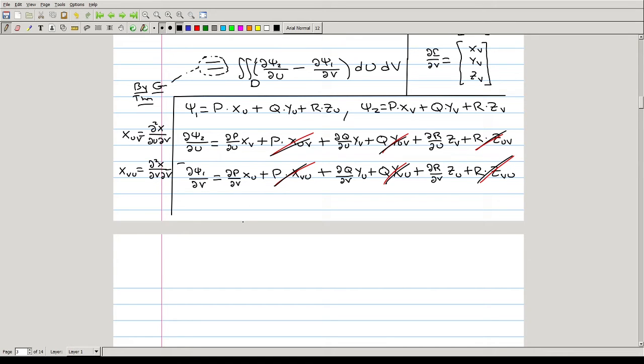And what that leaves me is the following. It's still a relatively long integrand.